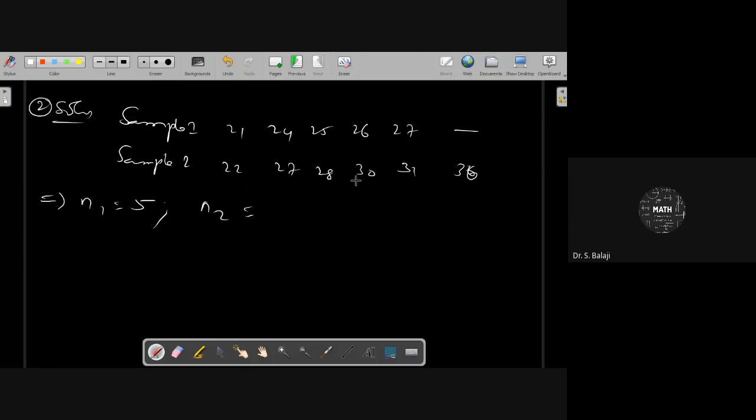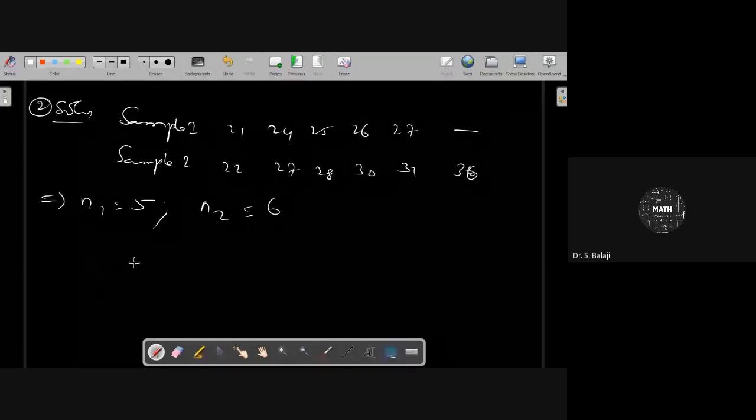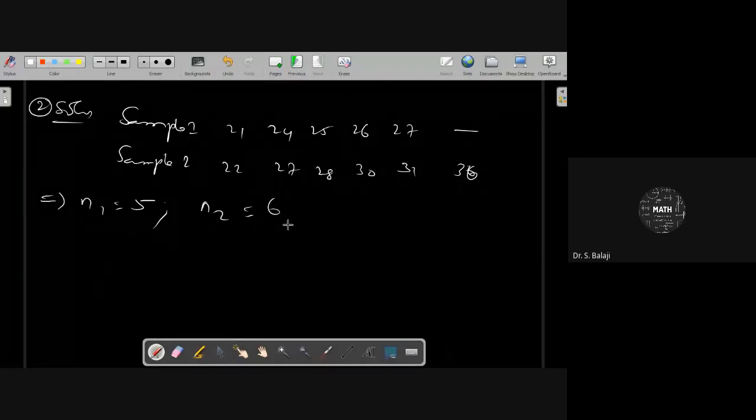The second sample has 6 items, n2 equal to 6.